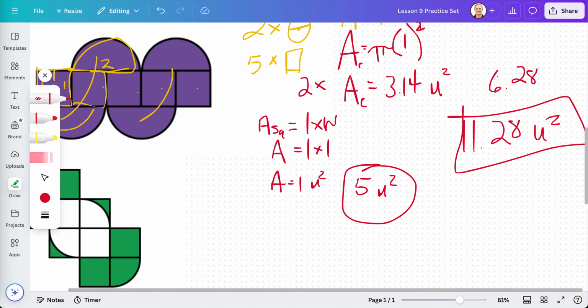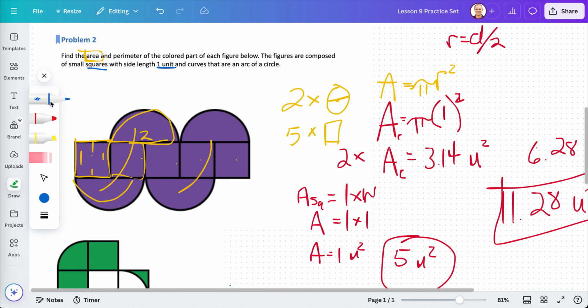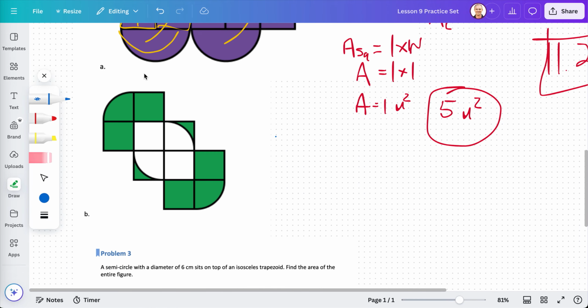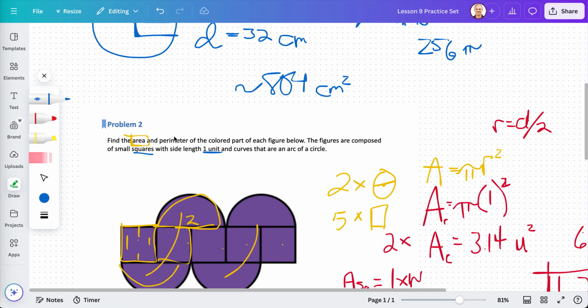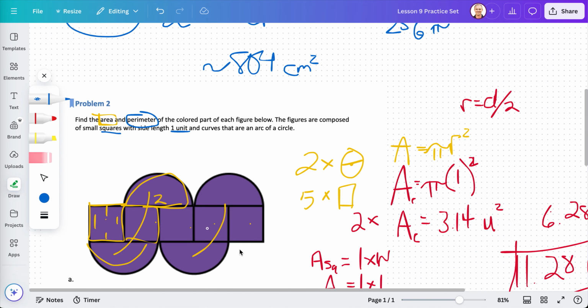Now let's find the perimeter of this shape.